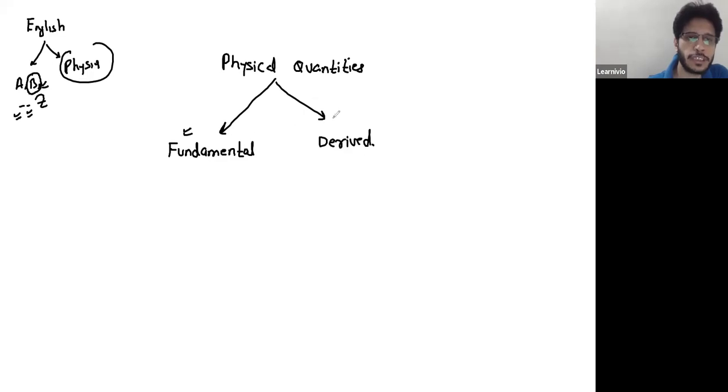Then there are quantities which are known as derived quantities. These derived quantities are actually derived from these letters, in the same way as words are derived from letters. So fundamental quantities simply means quantities which cannot be expressed in terms of other physical quantities.